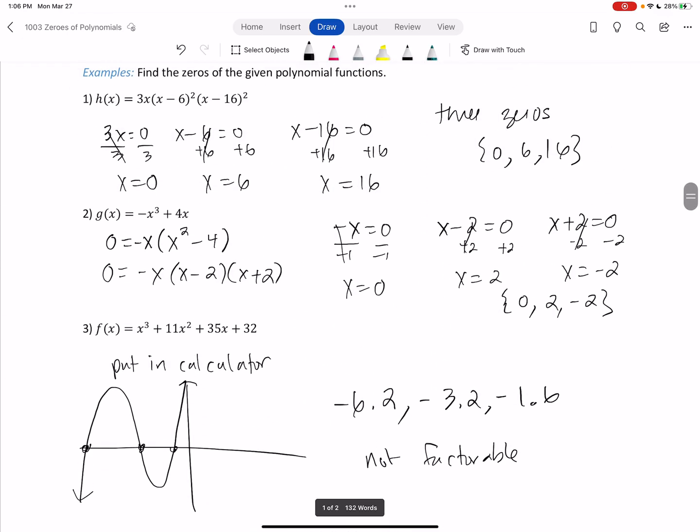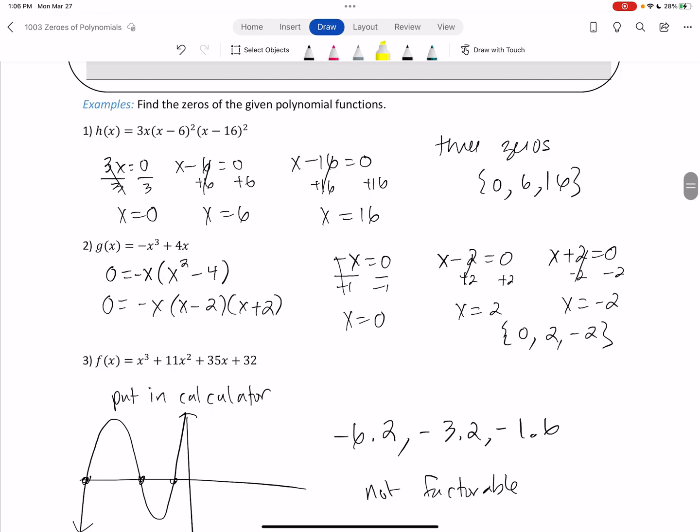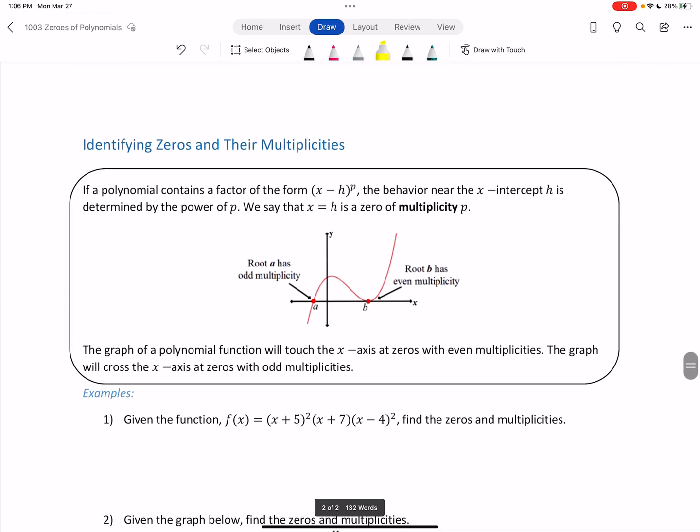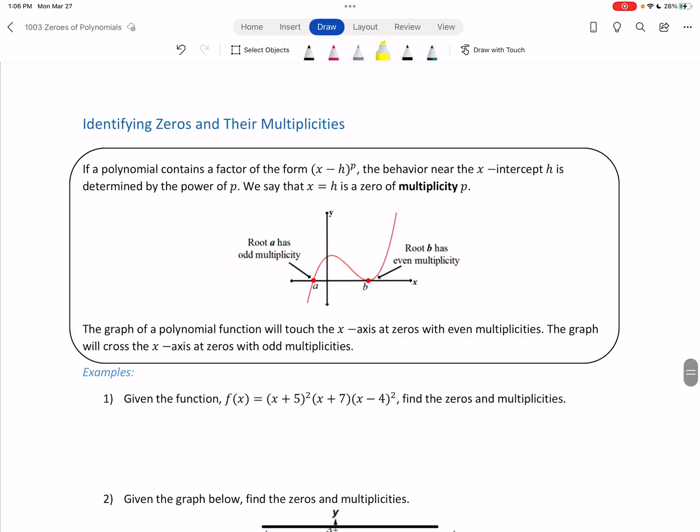Okay, so if you think about what happened up here, in this example, these zeros had powers on them, right? And in the second example, we didn't have any with powers on them. So we talk about how that's going to make the graph behave, and we call that the multiplicity.